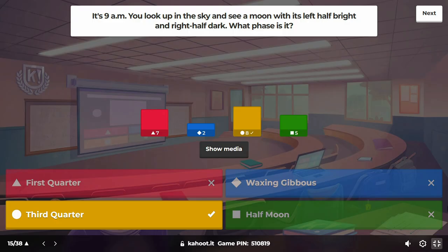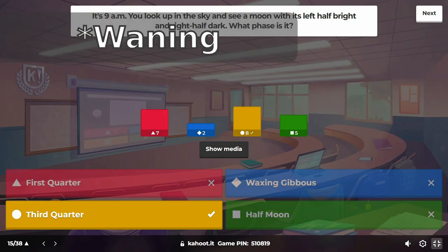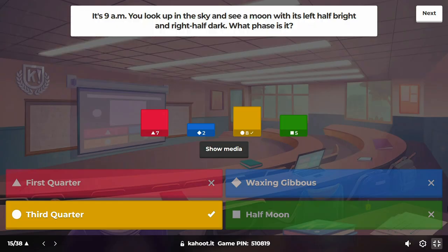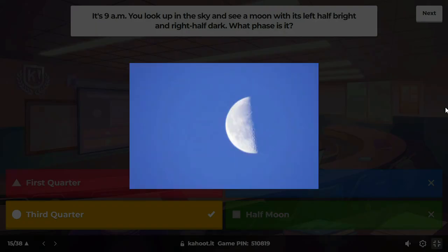Okay, so it's the left side, so it could be waxing, but the picture of the moon itself looks like it's just about at half illuminated and half not. So that tells us it's either the first quarter or the third quarter, and the fact that the left side is illuminated means that we're in the second half of the lunar cycle, which means we're in the third quarter.